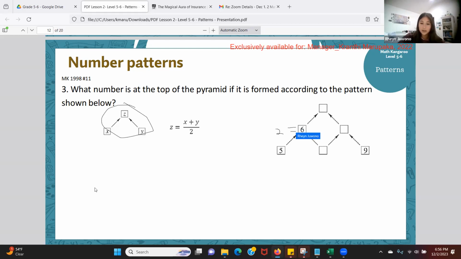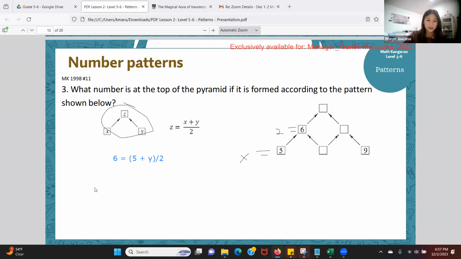So here, z would be equivalent to 6 and x would be equivalent to 5. So if we plug that into the equation, we would get 6 equals (5 plus y) over 2, and then you can solve it like an algebra problem.